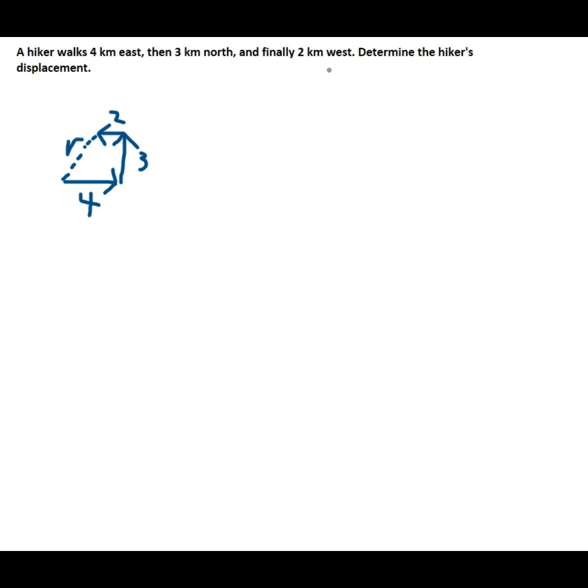Now, we should add up the components of both the horizontal and vertical so we can redraw this diagram with 2 vectors so that we can use the Pythagorean theorem to solve for the resultant.